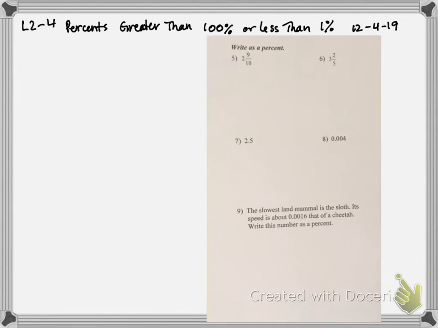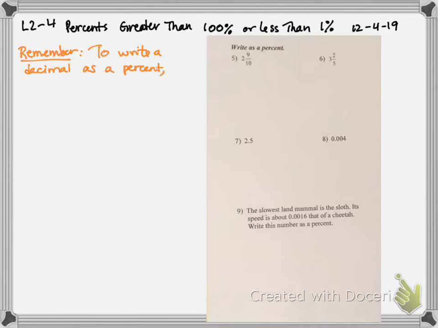And this time we're going to have mixed numbers perhaps, or very, very small numbers, and we're going to go to percents this time. So a couple things to remember. Let's see, first we need to remember to write a decimal as a percent.